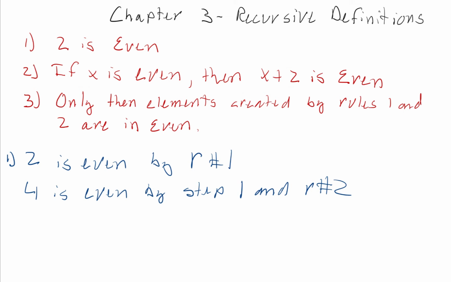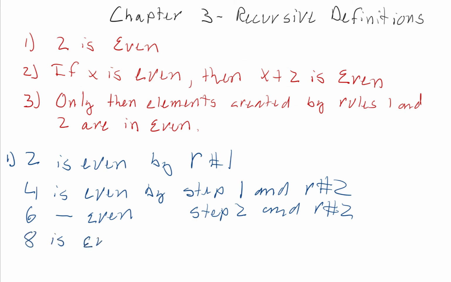And then we can move on to the next one. 6 is even by step 2 and rule number 2, for the same reason that 4 is even. And then finally, we can say 8 is even by step 3 and rule number 2.